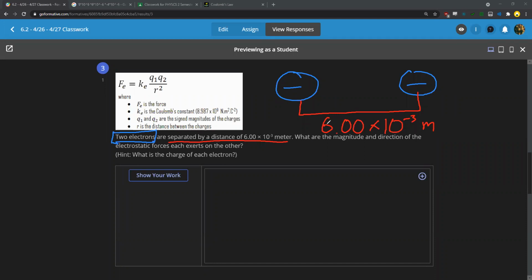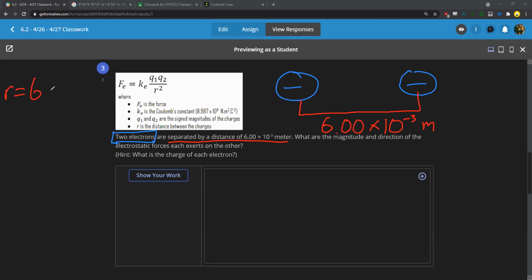And so what are my knowns here? Your radius, right?